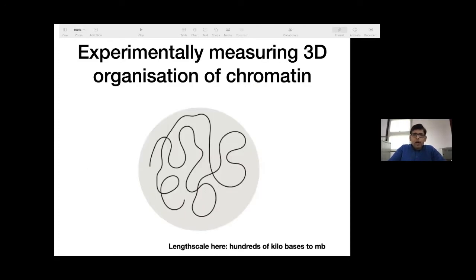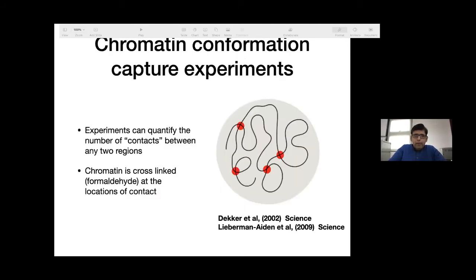Now, how do you measure the 3D organization of chromatin? One popular method in the last decade or so is called the chromatin conformation capture method. In this method, what they do is the following. You can see a cartoon of the 3D organization of chromatin, where two different parts of the chromatin polymer would be in contact, in physical proximity.